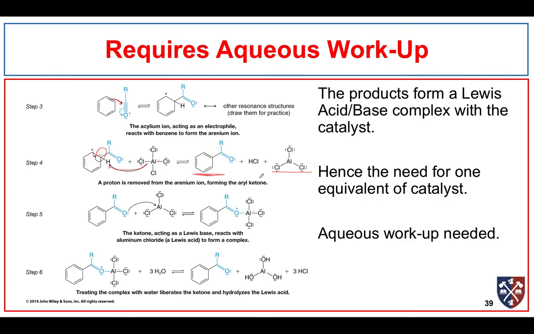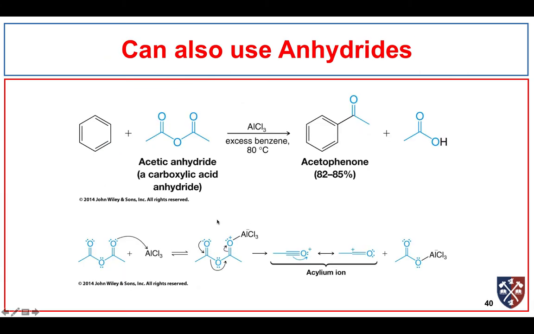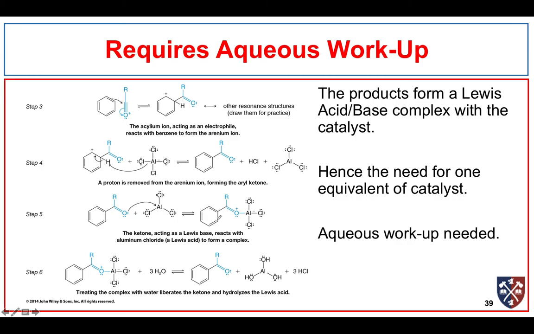One of the problems, though, is that we typically have to use a full equivalent of catalyst. That's because this product is itself a decent Lewis base, and it will coordinate with the Lewis acid that's around to form a Lewis acid-base adduct, and it just ties up the catalyst, so it's no longer useful.